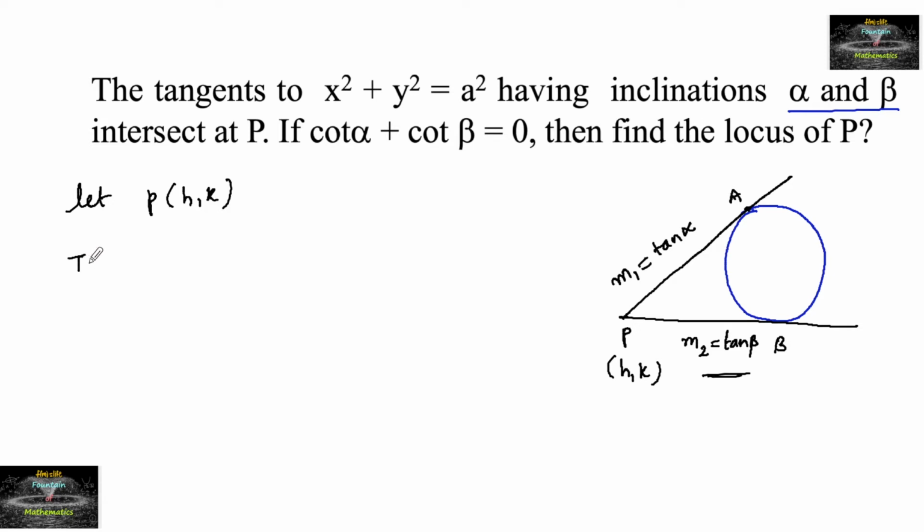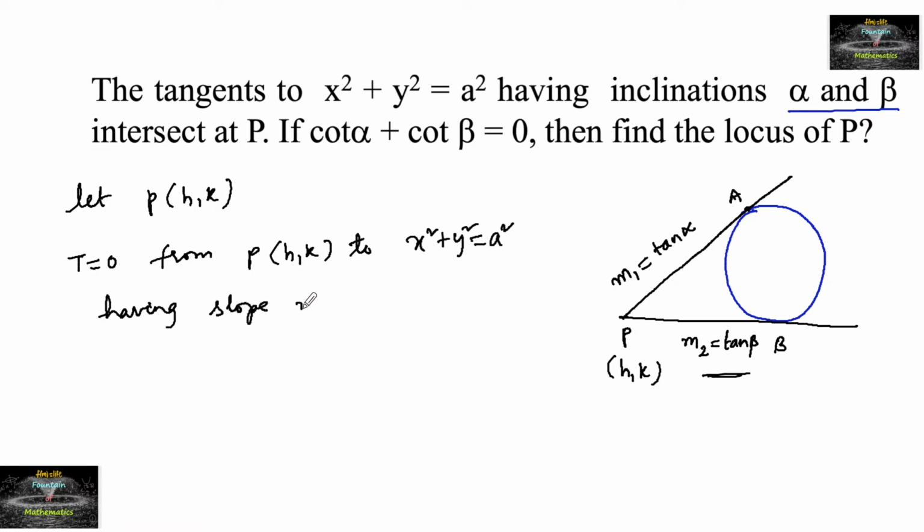So the tangent equation from point P to the circle x² + y² = a² can be written by using the slope form, having slope m.